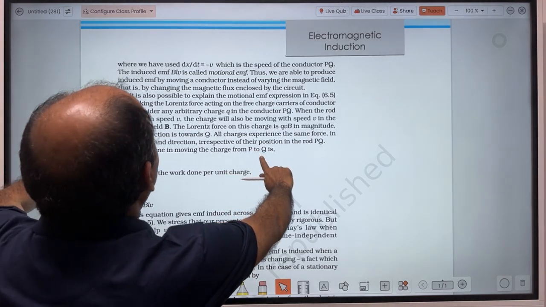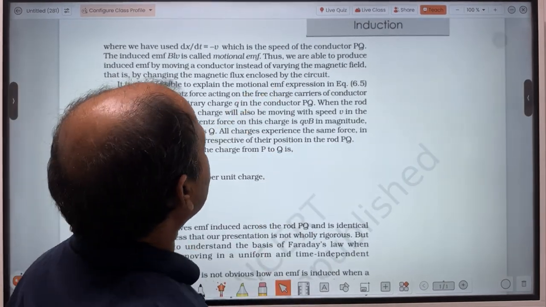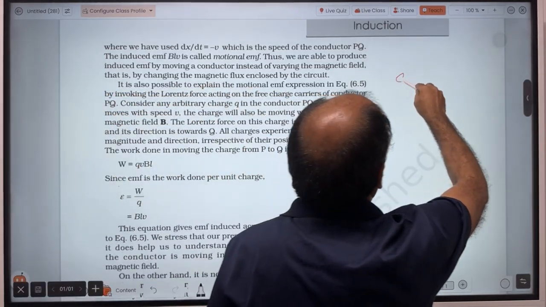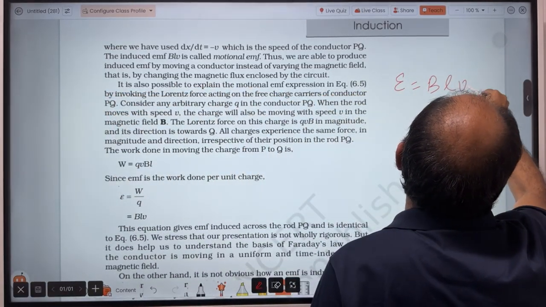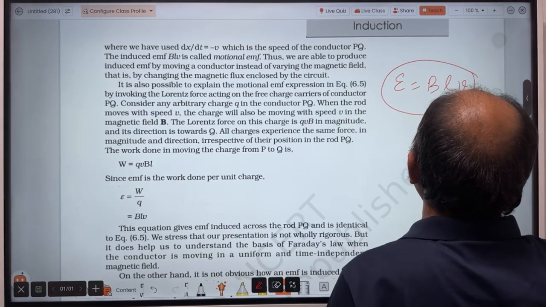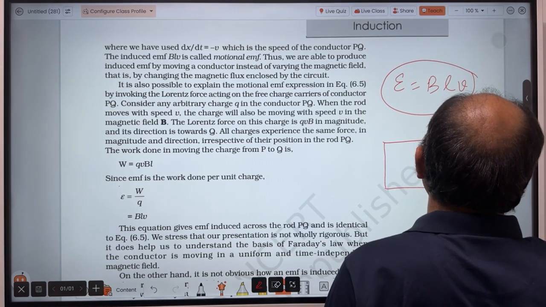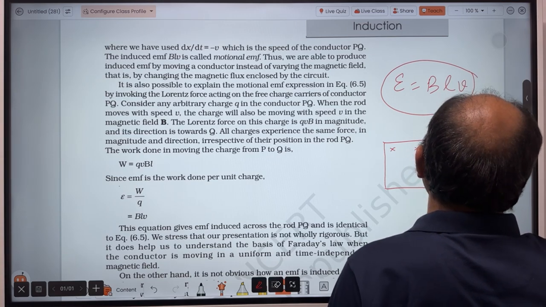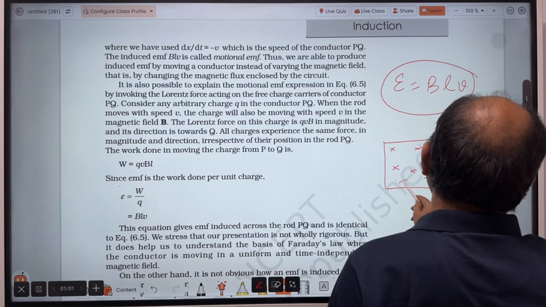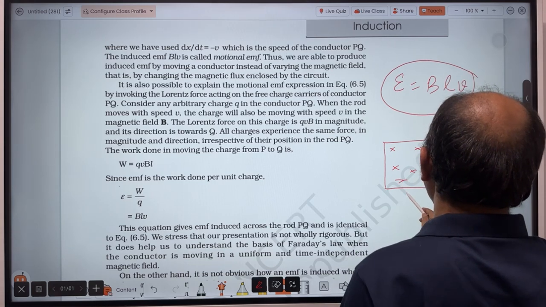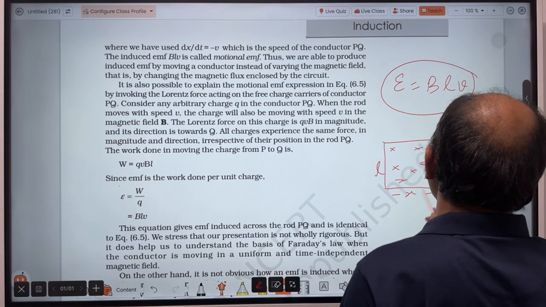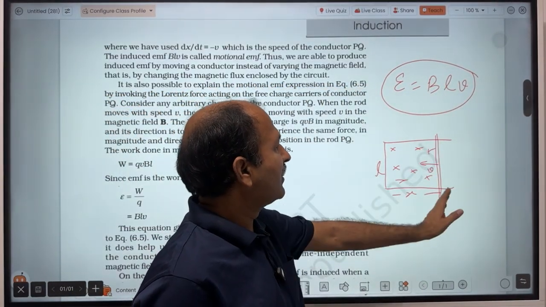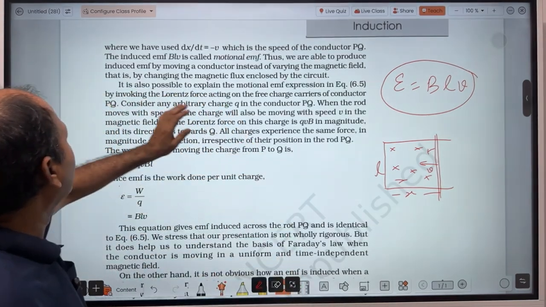It is also possible to explain the motional EMF expression previously obtained, that was E equal to BLv. So the other way around, if we consider that this is a rail and here this is a conductor which is moving in this direction, and there is a magnetic field, right? So it is moving with velocity v, and this distance projected is L. So here what happens, charge on this conductor will get accumulated. So that concept we are going to study.